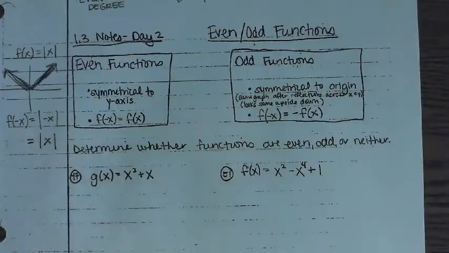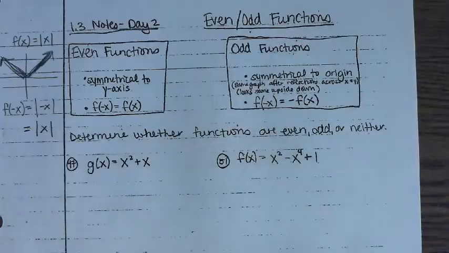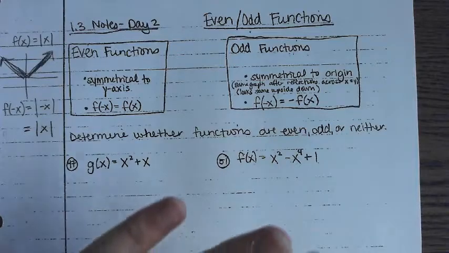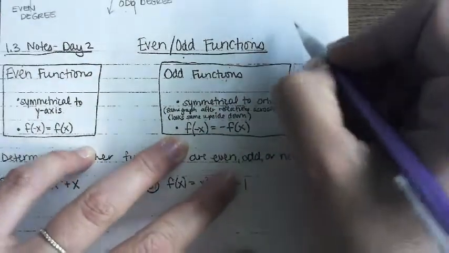Odd, it's symmetrical to the origin. So, trying to think of something that's not a polynomial that's symmetrical to the origin. I think I got one. It's a little trial and error maybe.